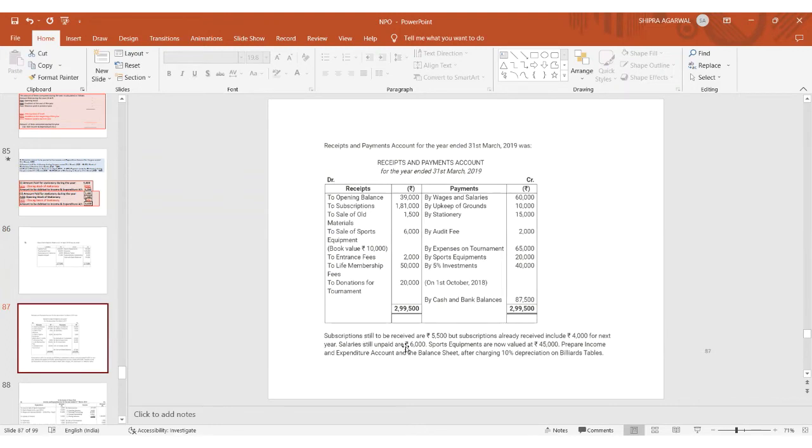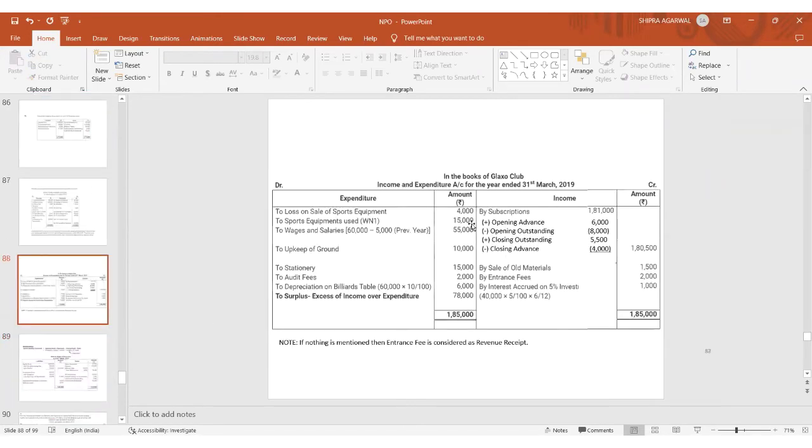They are saying subscription still to be received 5,500, but subscription already received include 4,000 for next year. Salaries still unpaid are 6,000. Sports equipments are now valued at 45,000. Prepare income and expenditure account and the balance sheet after charging 10% depreciation on billiards table.